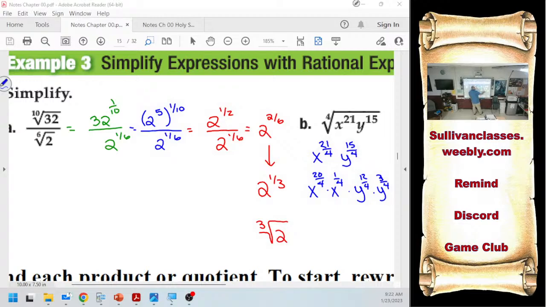And since this is just x to the 5th, and this is just y to the 3rd, they would come out of radical town. These share a denominator, so they can go back into radical town as x to the 1st, y to the 3rd.